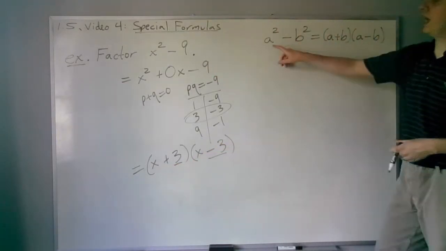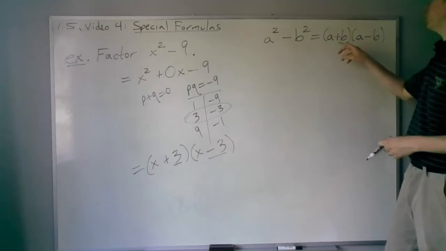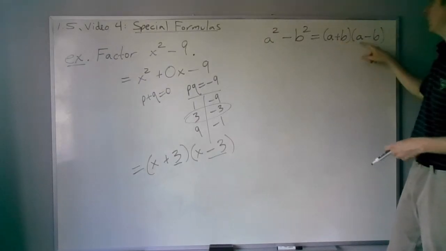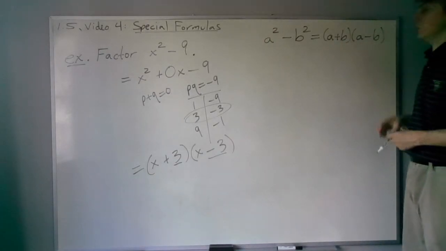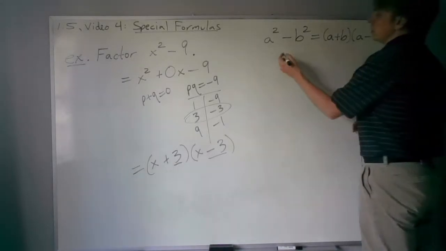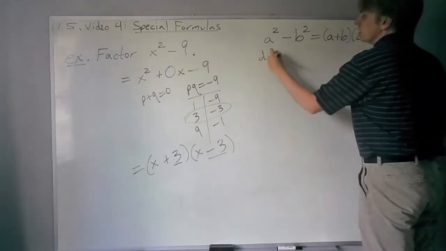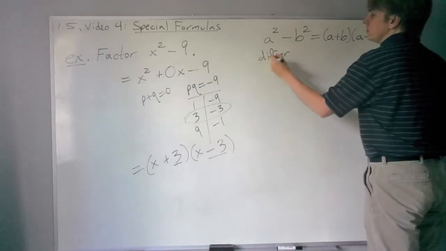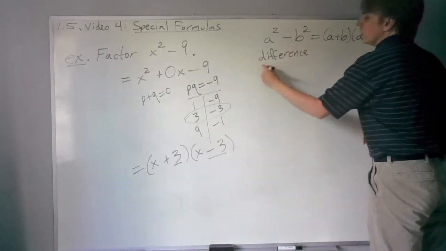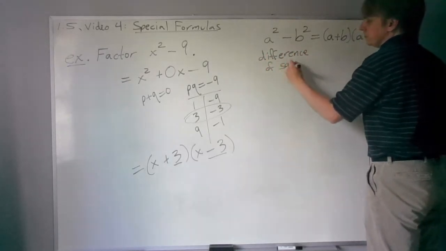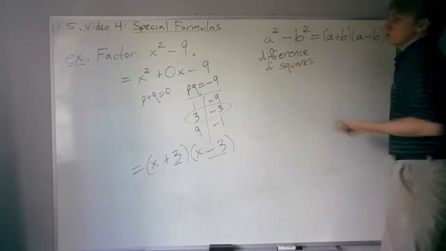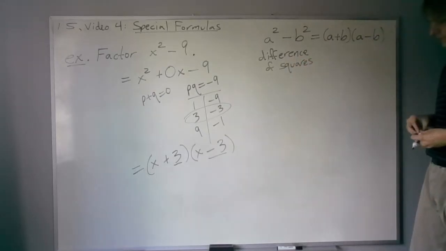So when we happen to see a square minus a square, we can factor it as the sum of the two and the difference of the two original numbers. And because of the left-hand side, this formula is called the difference of squares, because we're subtracting two squares.